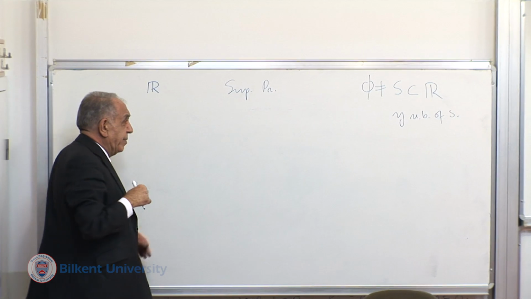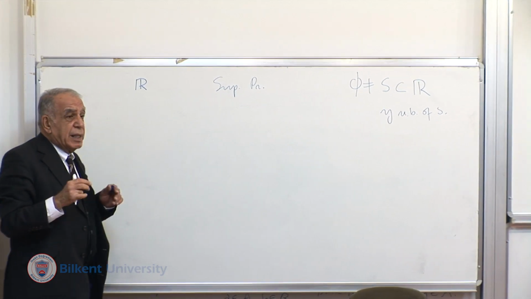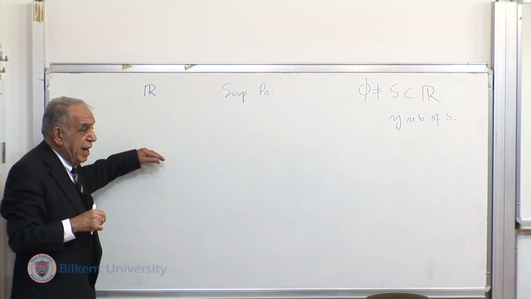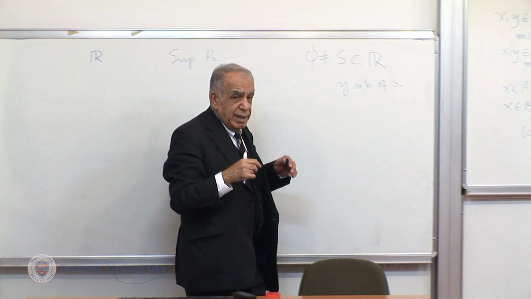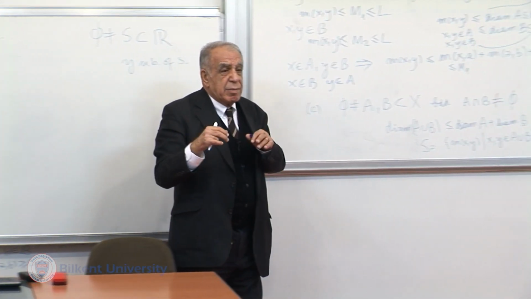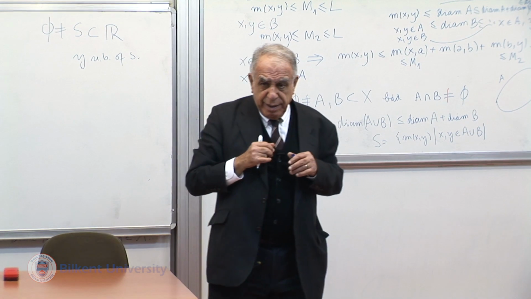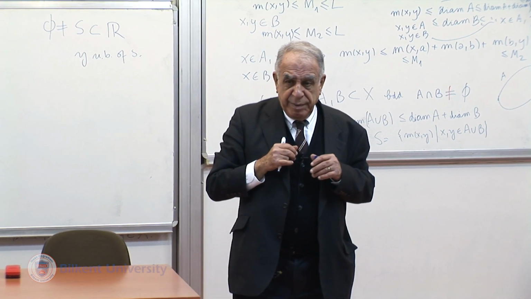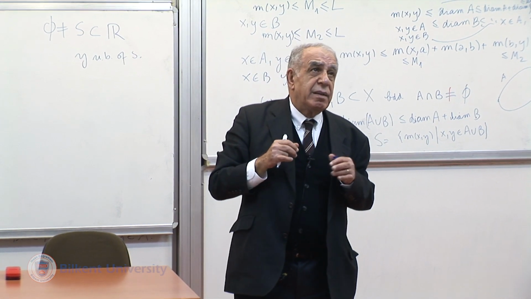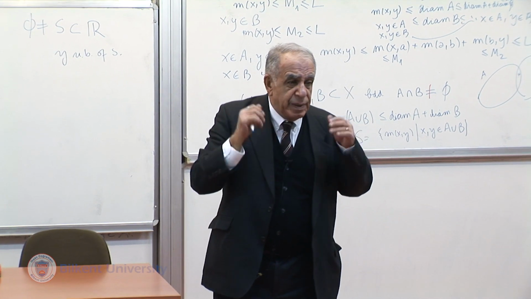Secondly, we considered a real-valued function defined on a finite set, then its maximum and minimum both existed. We said, fine, but that's too restrictive.